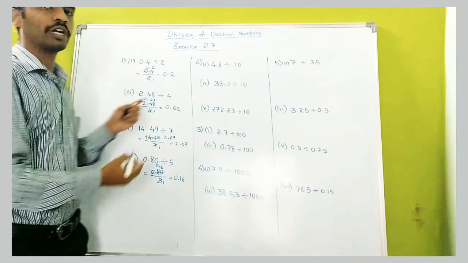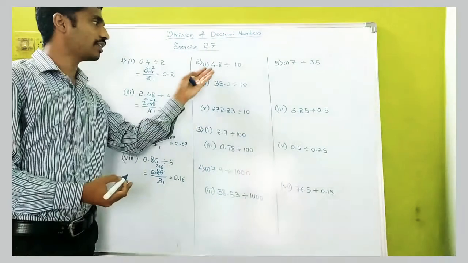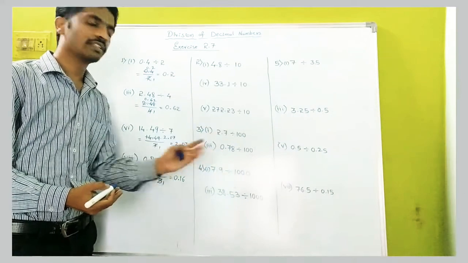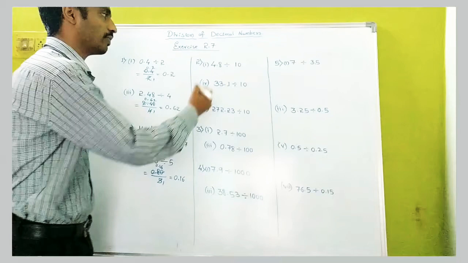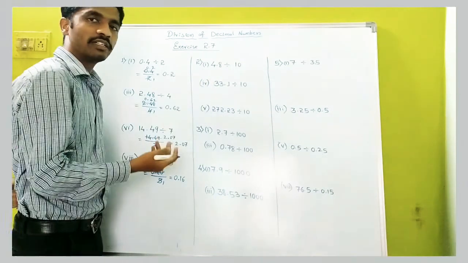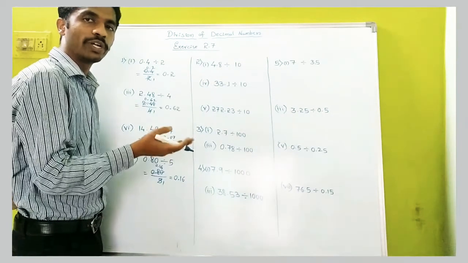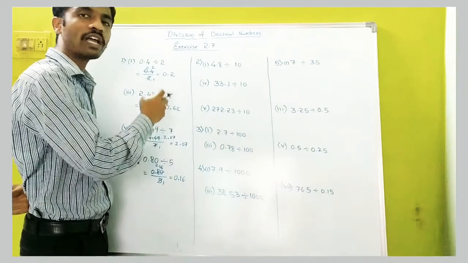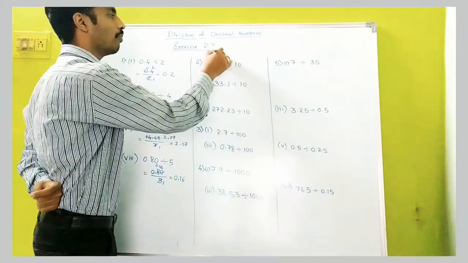Understood? Now coming to division by multiples of 10, which means tens, hundreds, thousands. Let's see. In multiplication what did we do? We moved towards the right side. Now we have to move towards the left side.